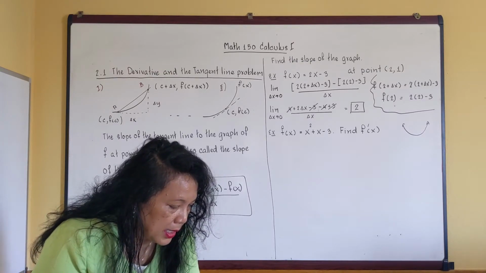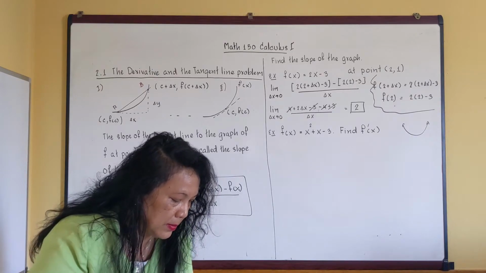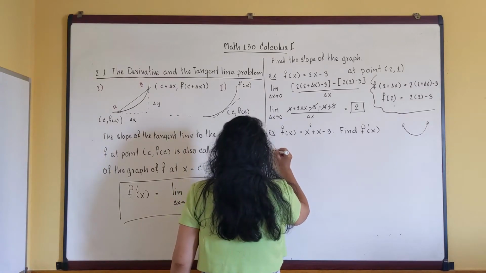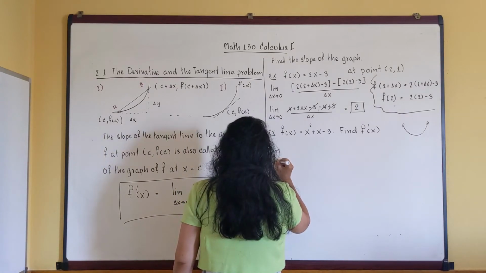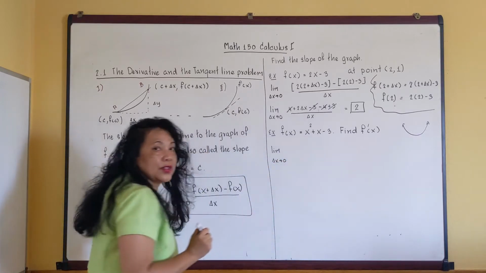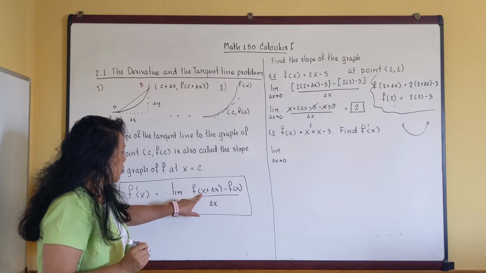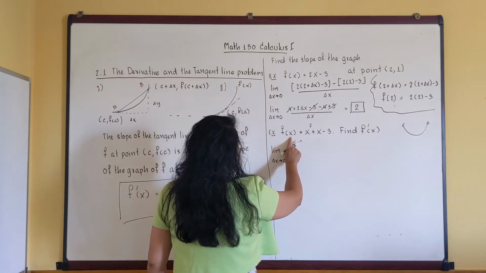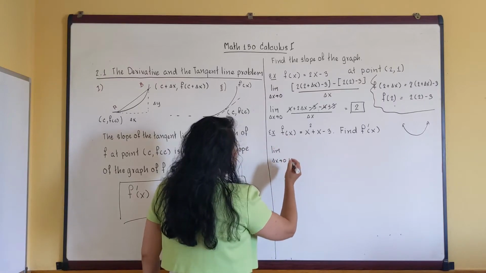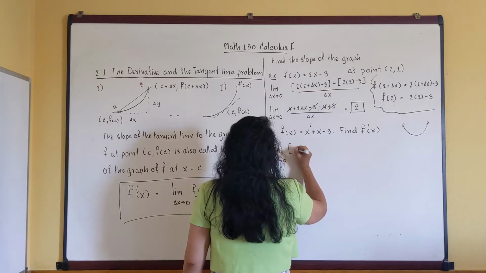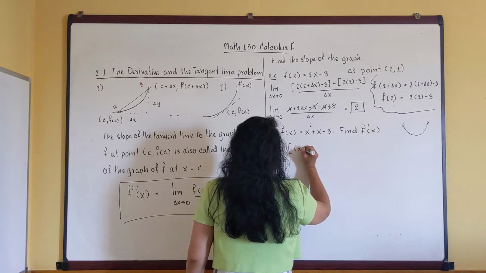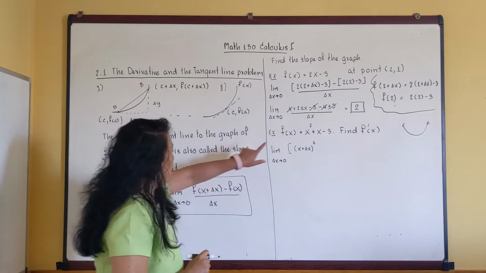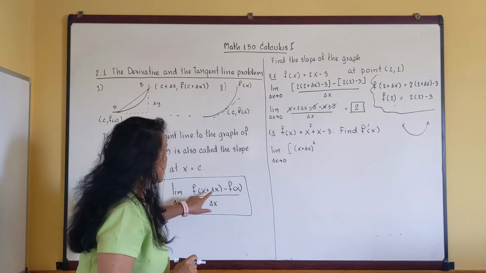So we're going to take the limit as delta x approaches 0, following the definition, f of x plus delta x. So instead of f of x, I'm going to have f of x plus delta x. So I'm going to have x plus delta x squared, because I'm going to replace all the x with x plus delta x.